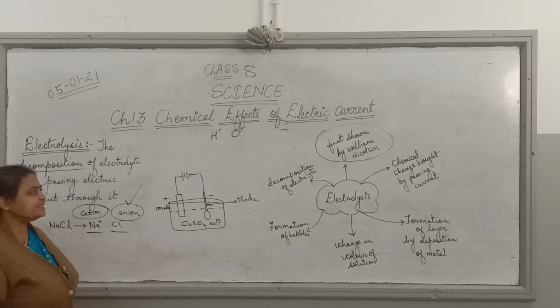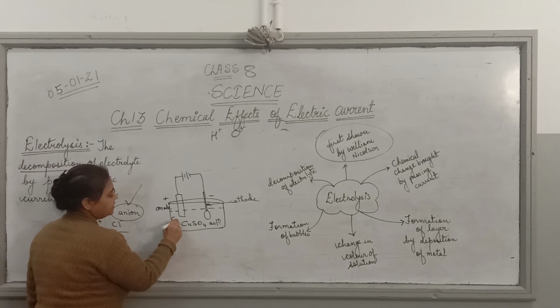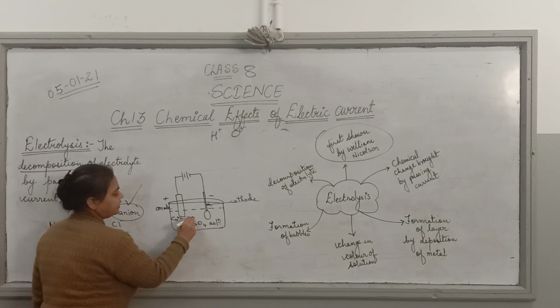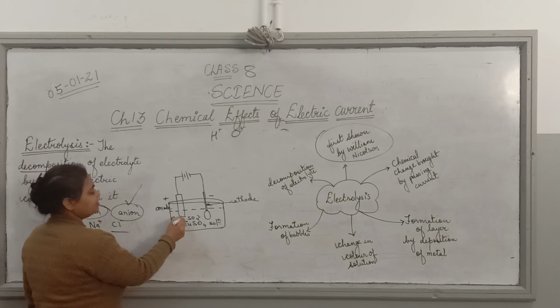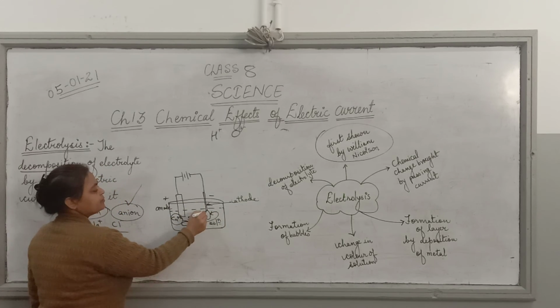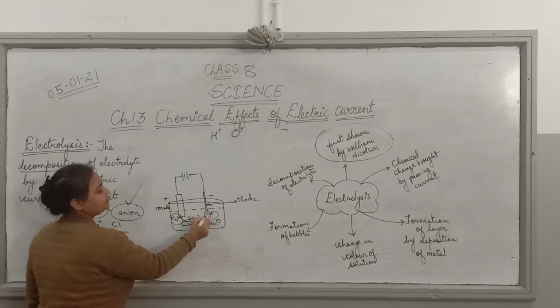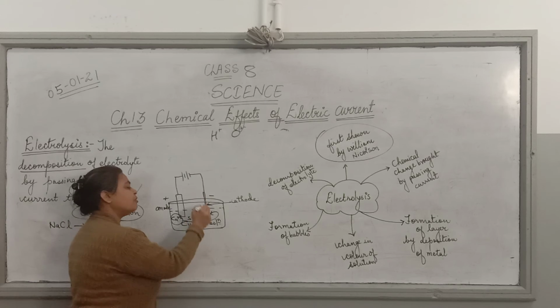Okay. Now as the electric current passes, there will be formation of copper ions and sulfate ions. Copper ions will move towards the spoon. They will go and deposit over here. So you will find that a reddish brown colored layer will be formed on the spoon.